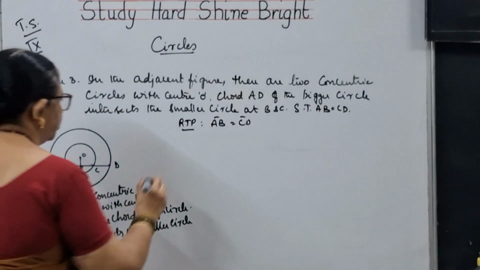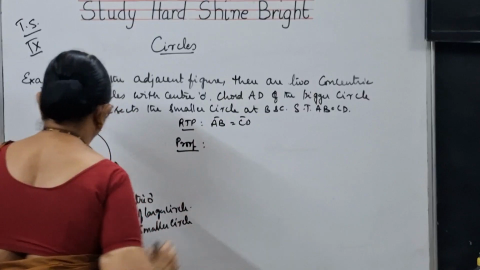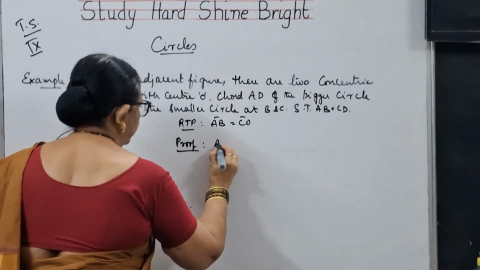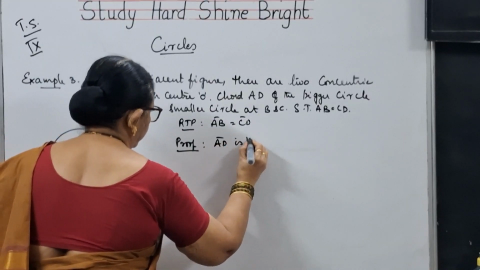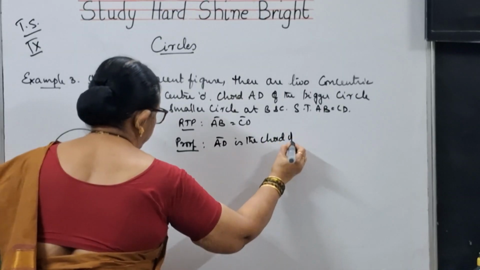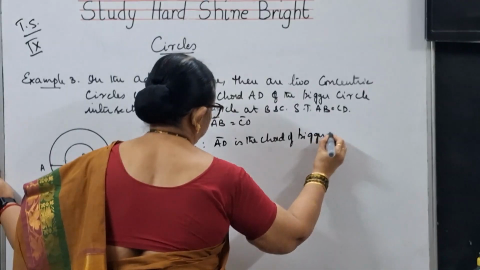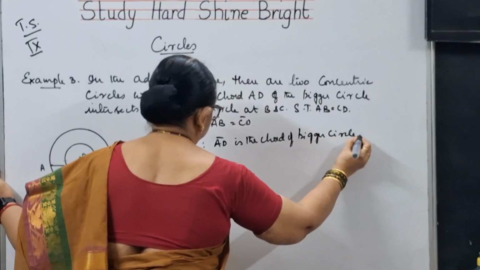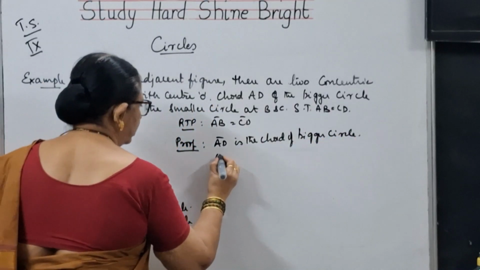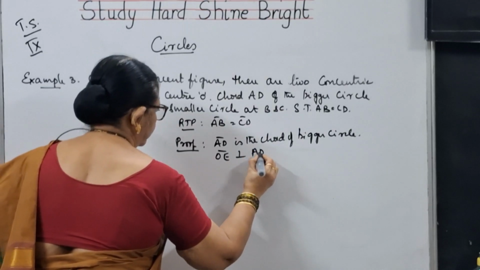Let us go to the proof, children, directly. Proof is AD is the chord of bigger circle and OE is drawn perpendicular to AD. This is given to us.